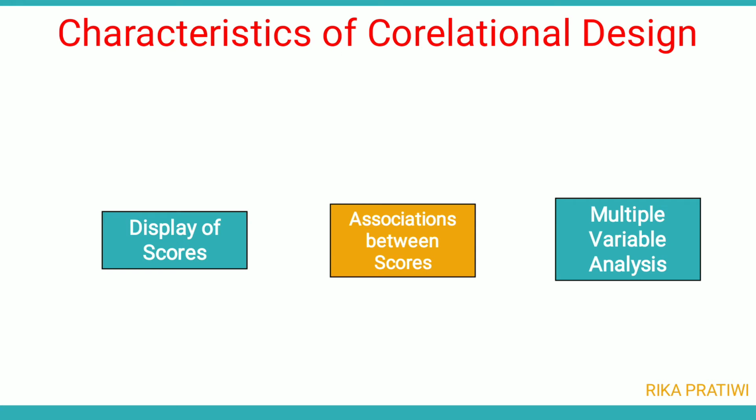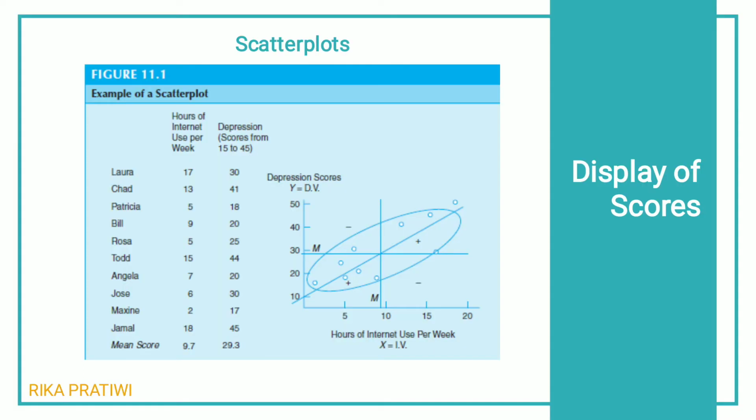Okay, next, the characteristics of correlational design. The first characteristic of correlational design is the display of scores. A scatter plot is a pictorial image displayed on a graph of two sets of scores for participants.